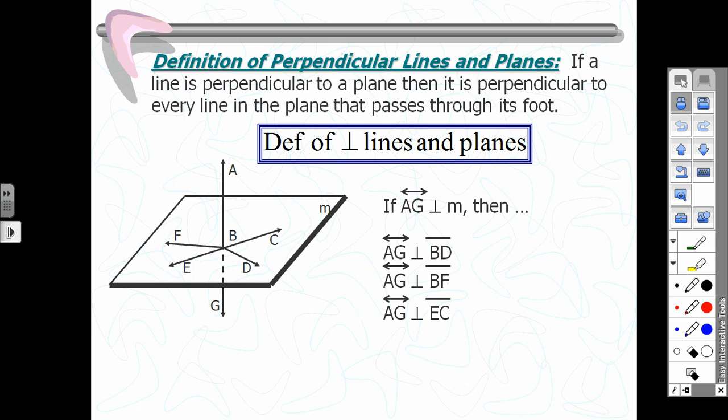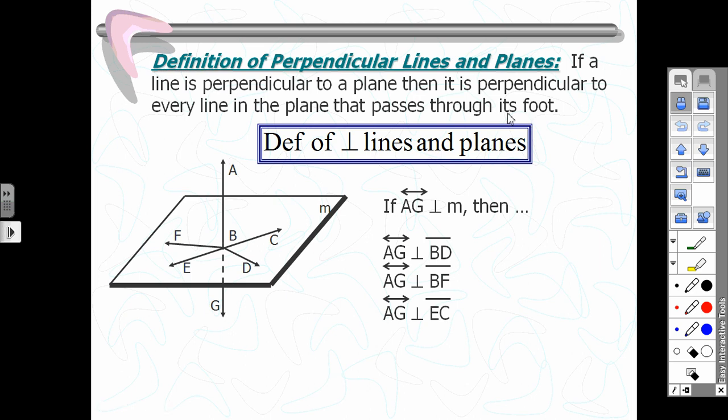Okay? Now, you guys remember, hopefully, that every definition that we have, you can always write the converse of it, and that will also be true. But if you think about it, in this particular situation, we wouldn't want to have to do the converse of this definition, because it would be if a line is perpendicular to every line in the plane that passes through its foot, then it's perpendicular to the plane.